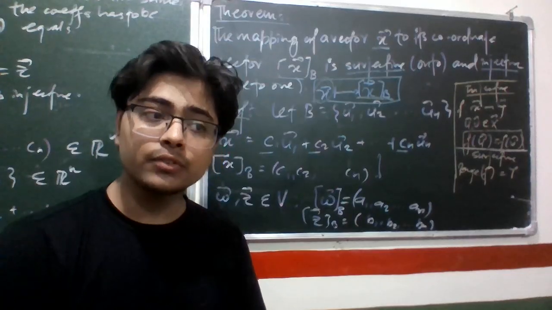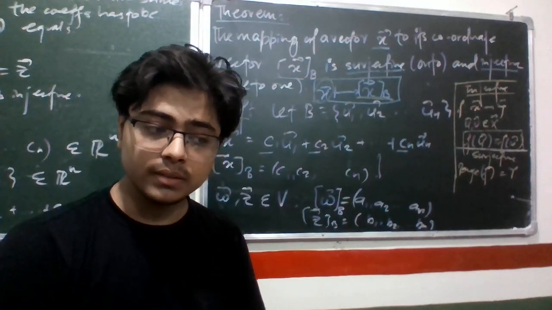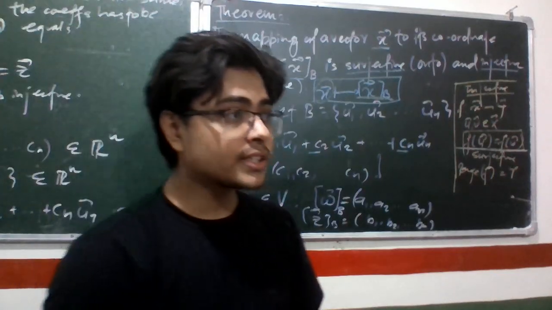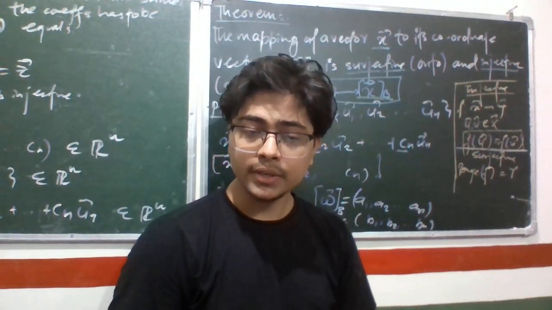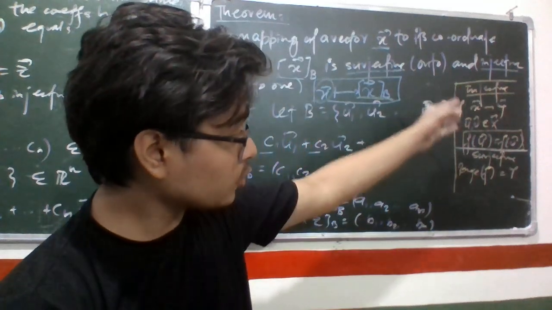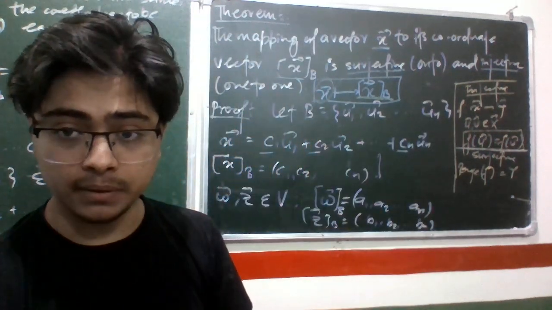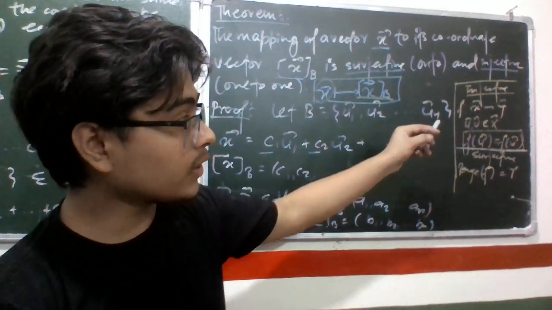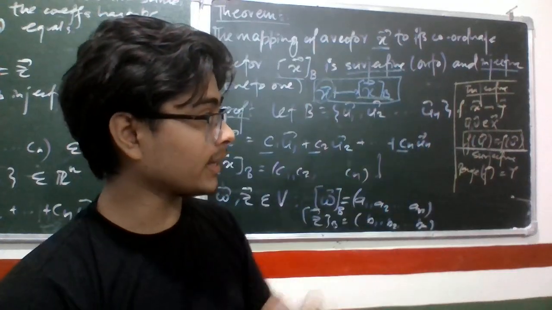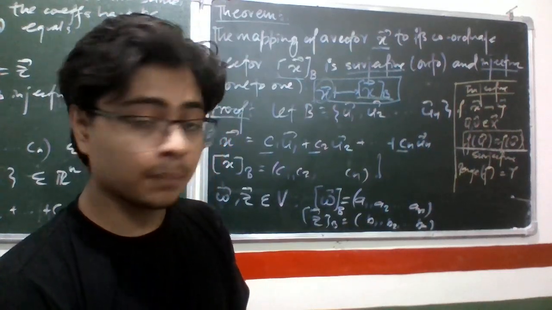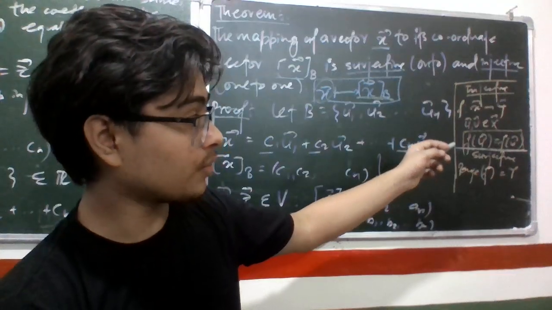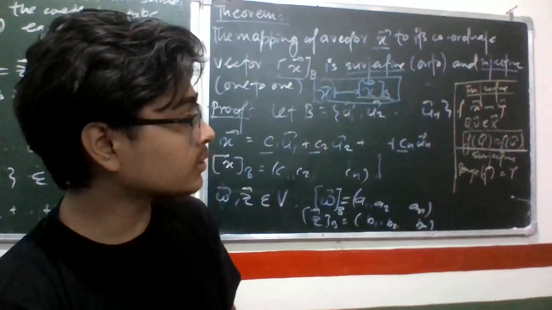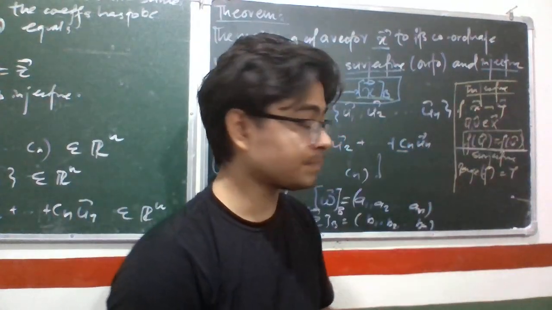Now to prove that, you need to first know the definitions of injective and surjective functions. If you have studied linear transformation properly, you should know these two definitions. An injective function means that if a function f which maps x to y is injective, then f of u must be equal to f of v, where u and v both lie in x.